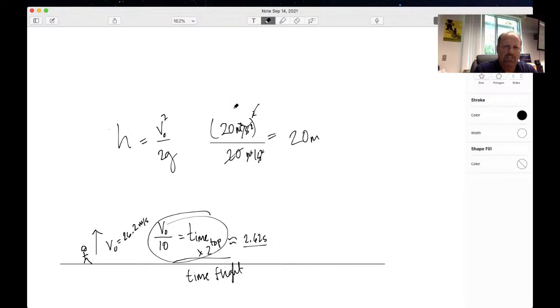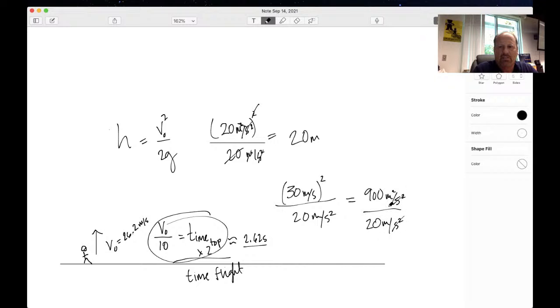If it's not as handy, if V initial is 30 meters per second, that quantity squared, divided by 20 meters per second squared, works out to be 900 meters squared per second squared, divided by 20 meters per second squared.